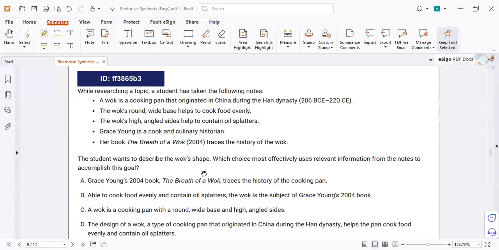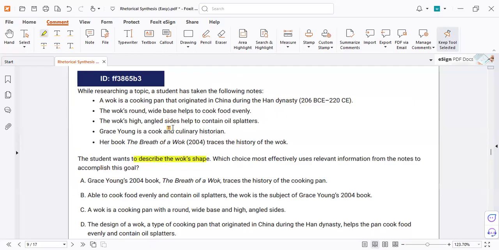D. Is D right? Letter D. Yes. I don't think so. He said describe the box shape.